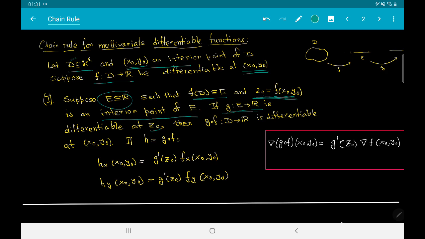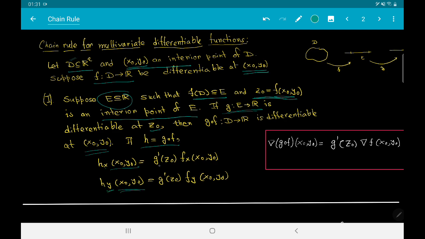Then our claim is that the composite of these two functions, g composite f, is differentiable at the point (x0, y0). If I call this composition h, then I can easily compute the total derivative by computing the partial derivative of h with respect to x at the point (x0, y0), and the partial derivative of h with respect to y at the point (x0, y0).